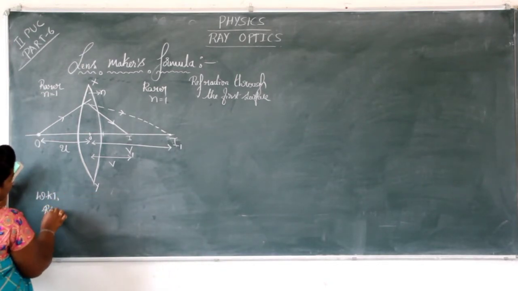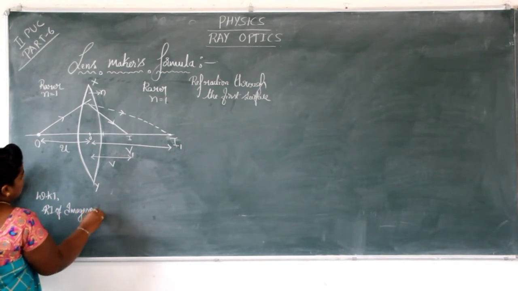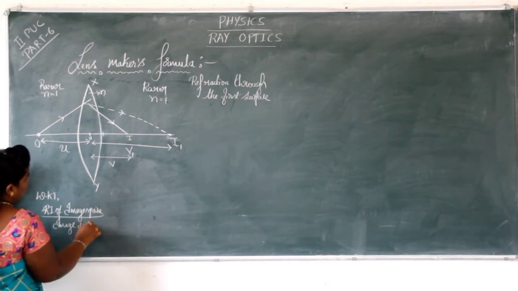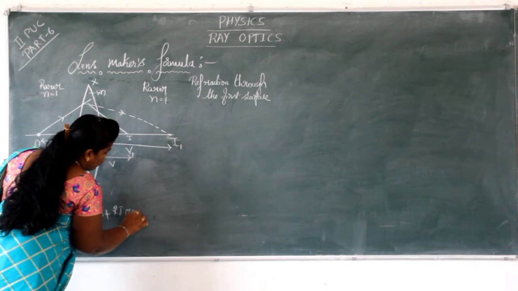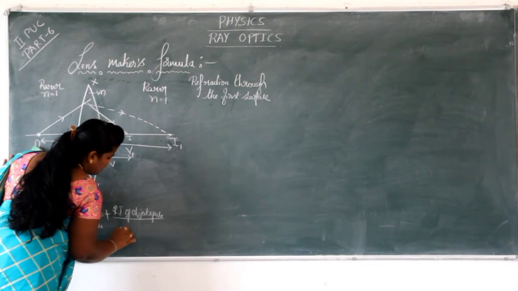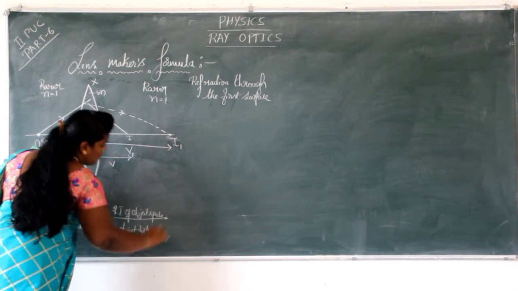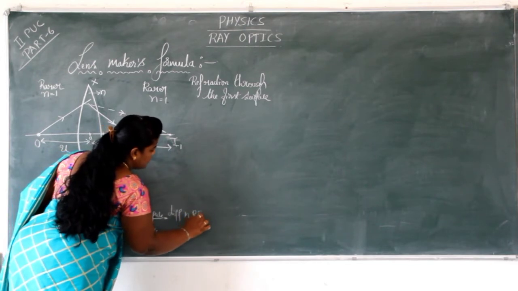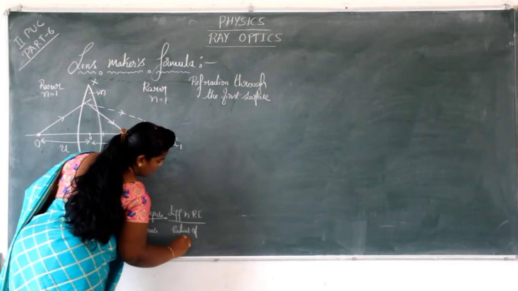The refractive index of image space divided by image distance plus refractive index of object space divided by object distance, which is equal to the difference in the refractive index divided by radius of curvature.